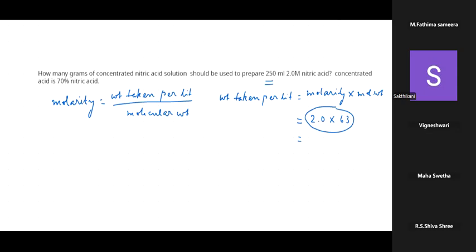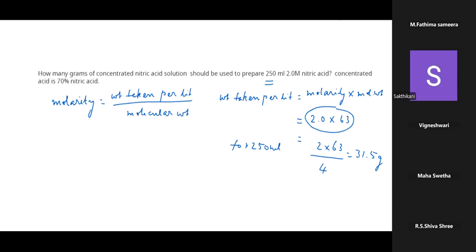So for 250 ml, 2 into 63 by 4, that is equal to 31.5 gram of nitric acid has to be dissolved in 250 ml to prepare a 2 molar solution.